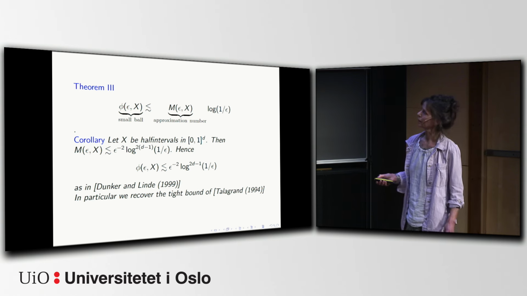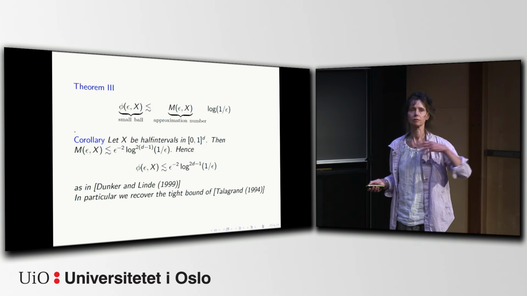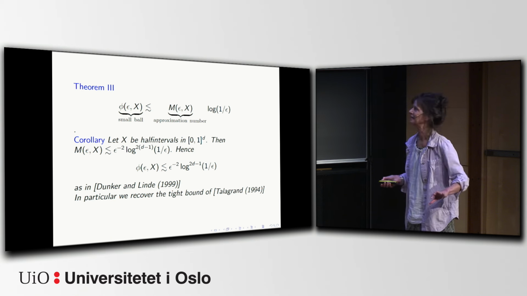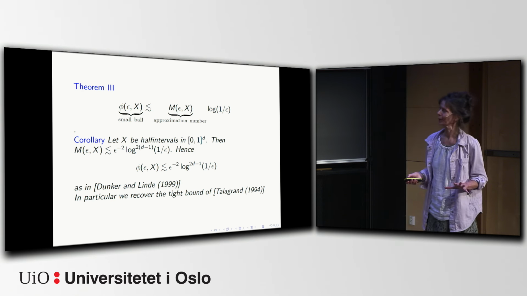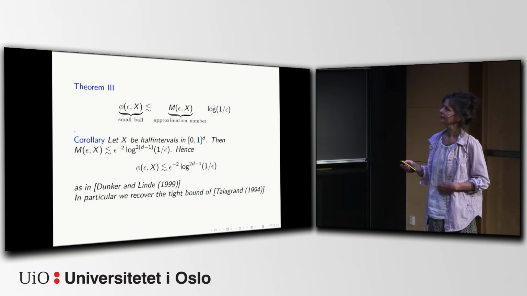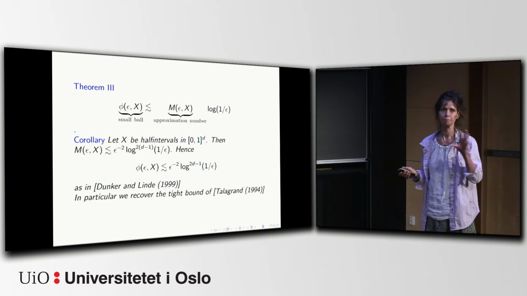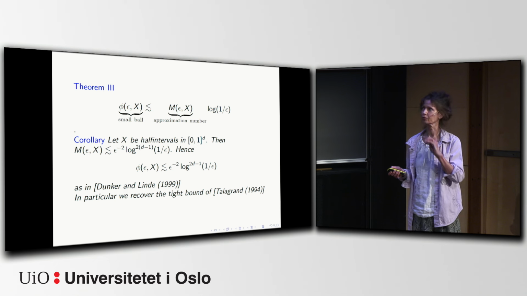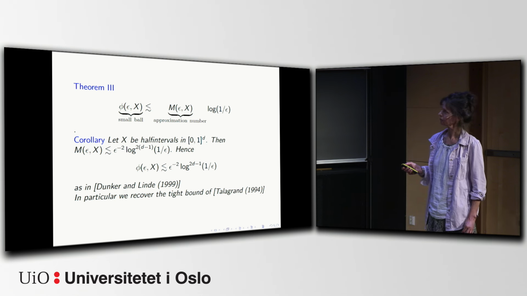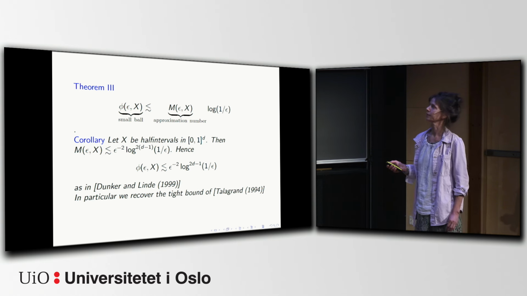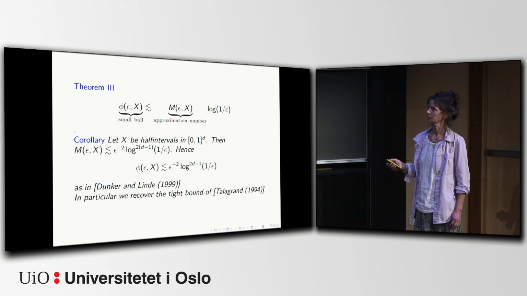I'm not going to be, because this is recorded, I think, right? So maybe I say things wrong, but at least in this case, for the half intervals in d dimensions, so think of higher dimensional distribution functions, I have this estimate for the approximation number, and hence I have an estimate for the small ball.